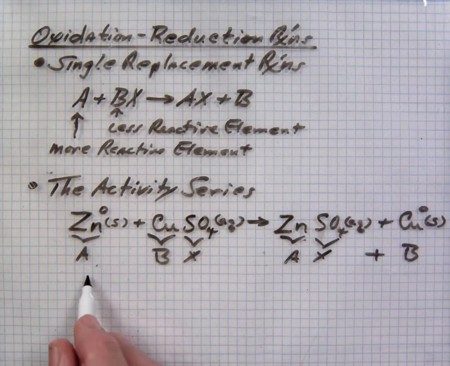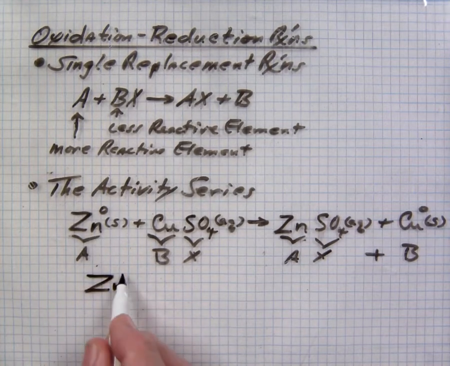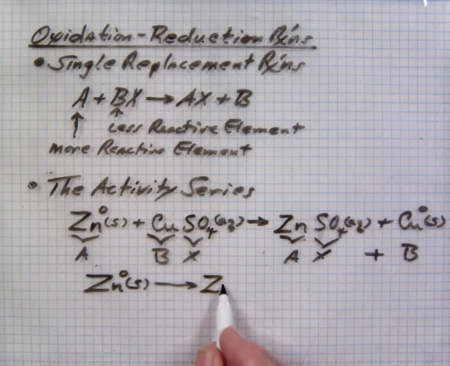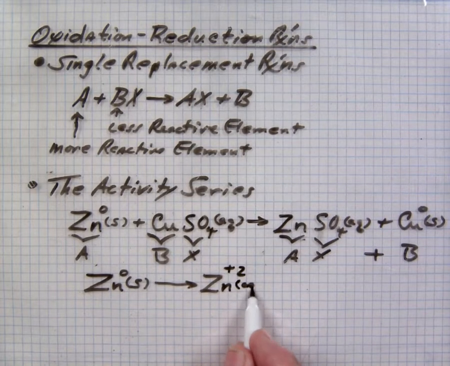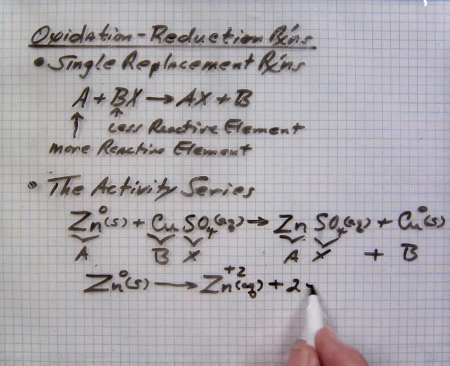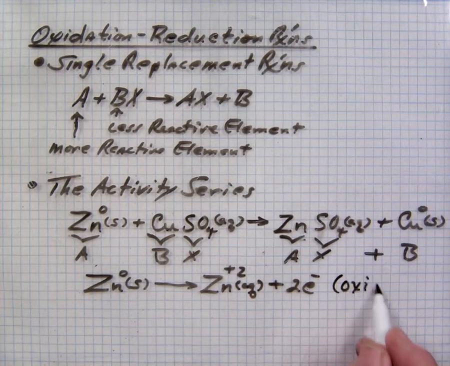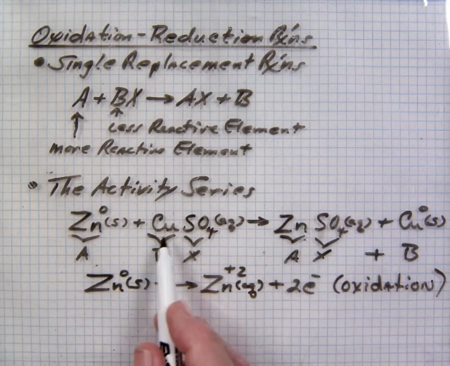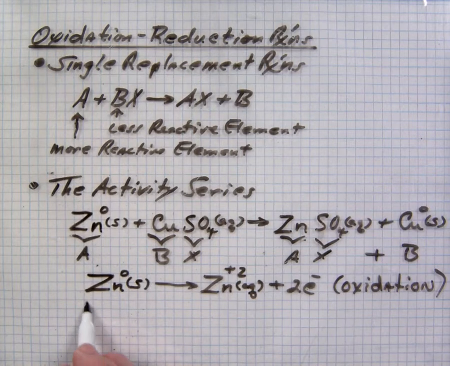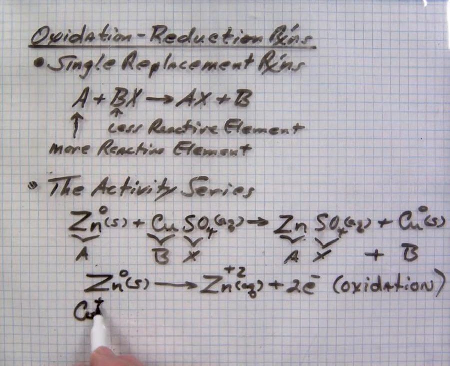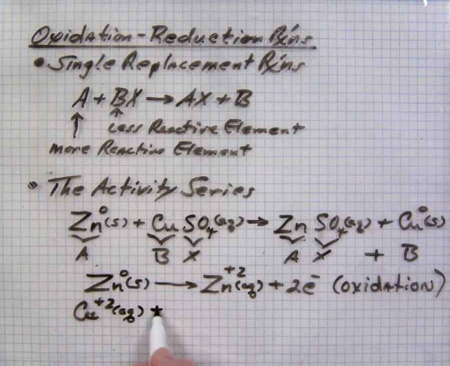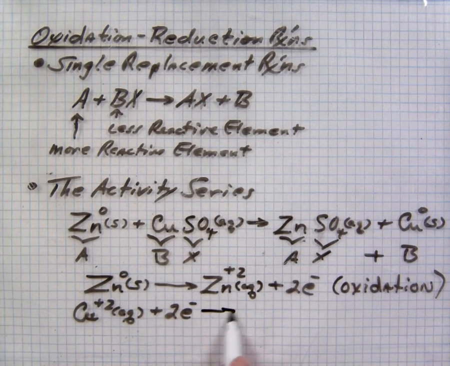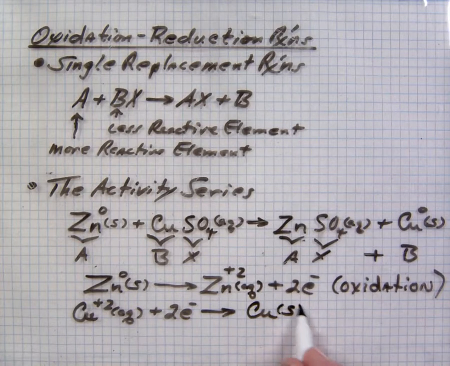So in half reactions, the zinc solid will undergo oxidation by giving up a couple of electrons, and the copper in copper 2 ion will gain a couple of electrons from the zinc to produce the reduced form of copper.